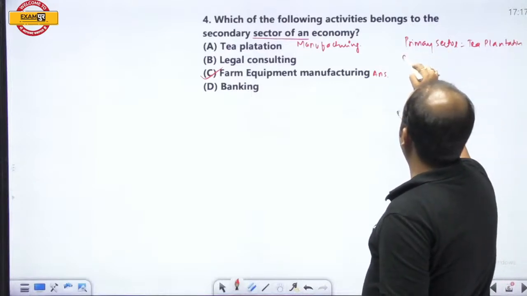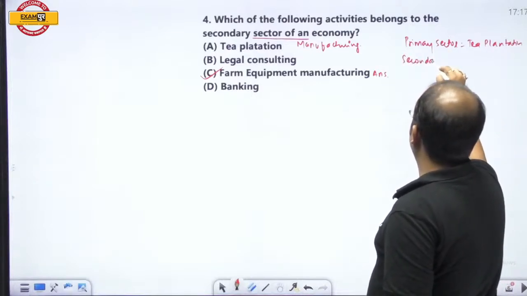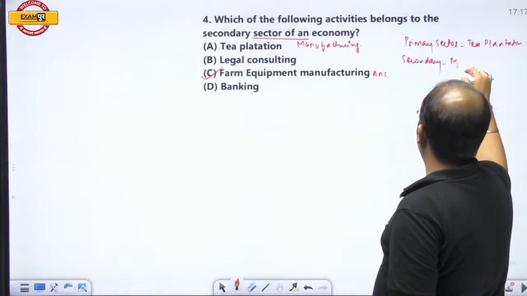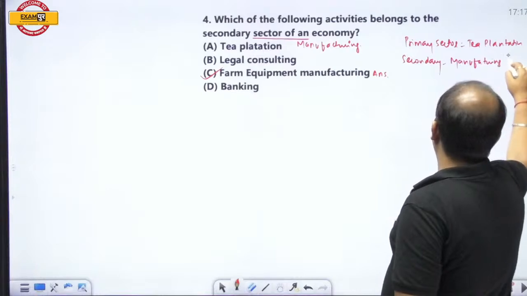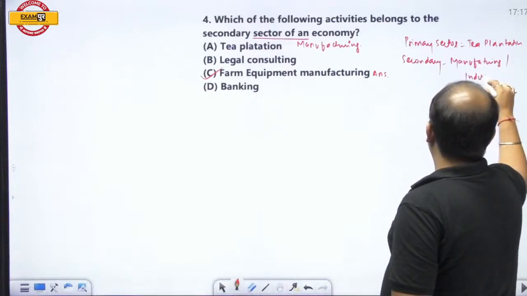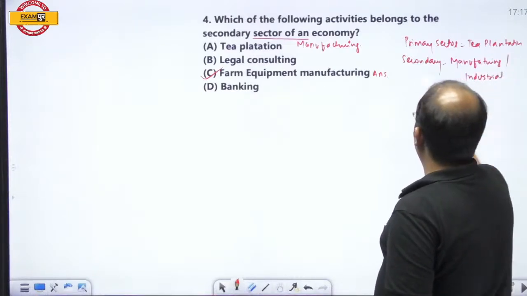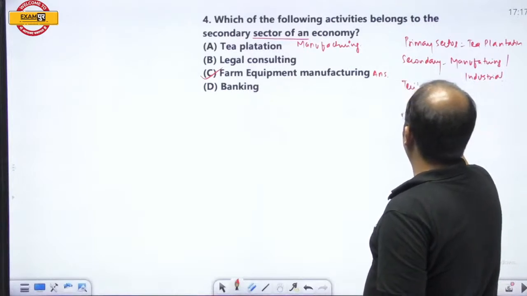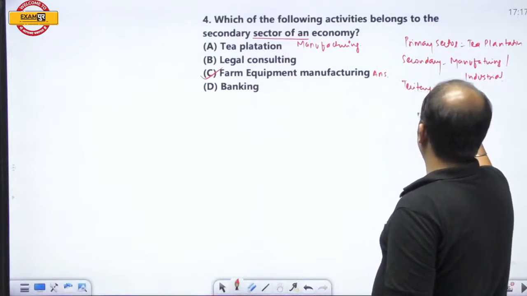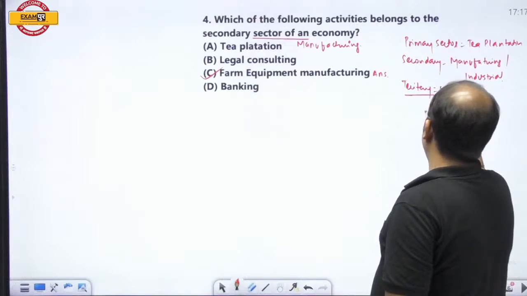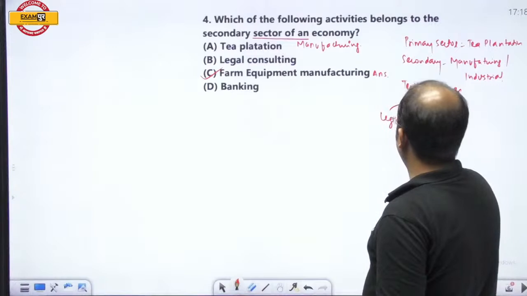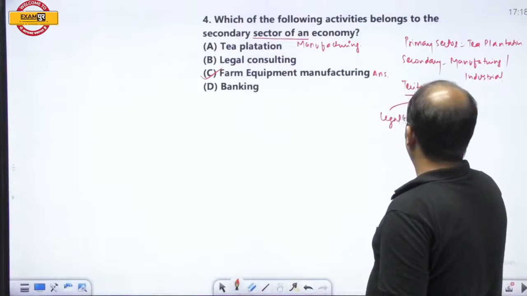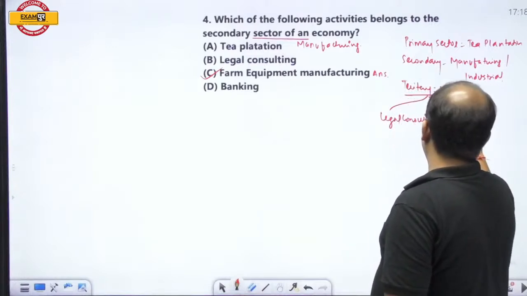Then secondary, manufacturing or industrial sector. And tertiary, that is services. And services will include, out of the given options, legal consulting plus banking.